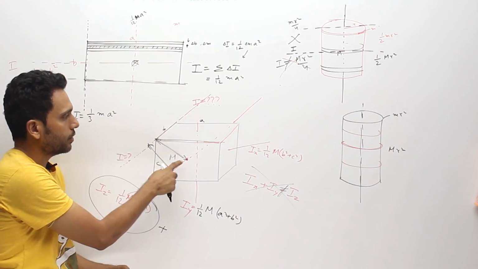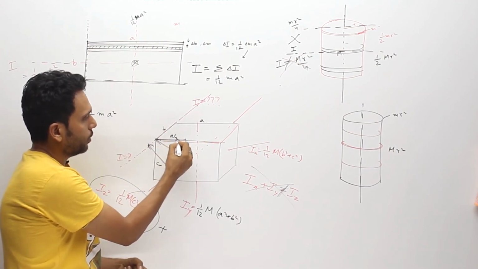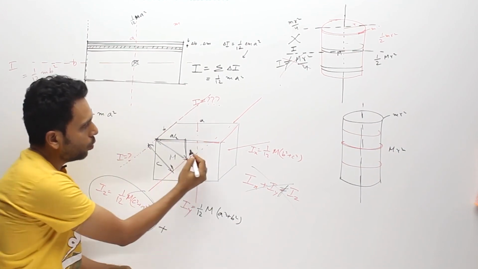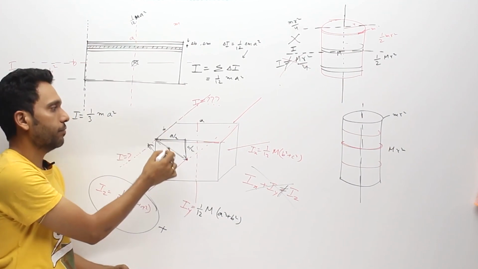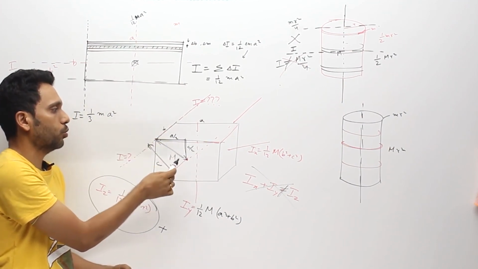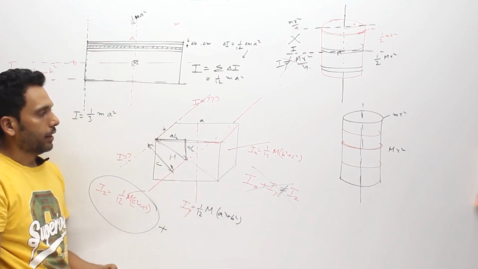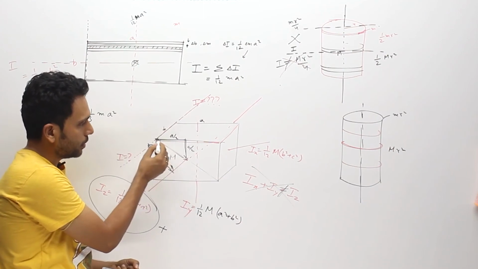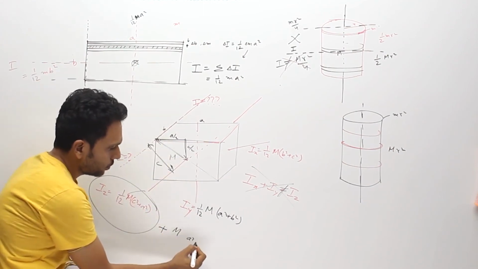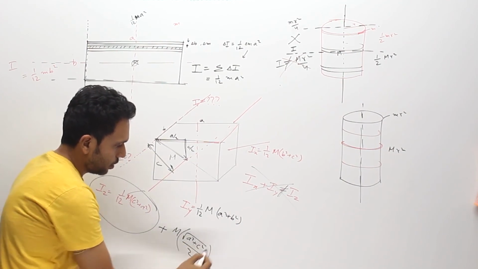So how much is this distance? This length was a by 2 and that length was c by 2. So you have the square root of (a by 2 square plus c by 2 square), or the whole diagonal of length square root of (a square plus c square), and half of that. So this distance is half of the square root of (a square plus c square), the whole squared.